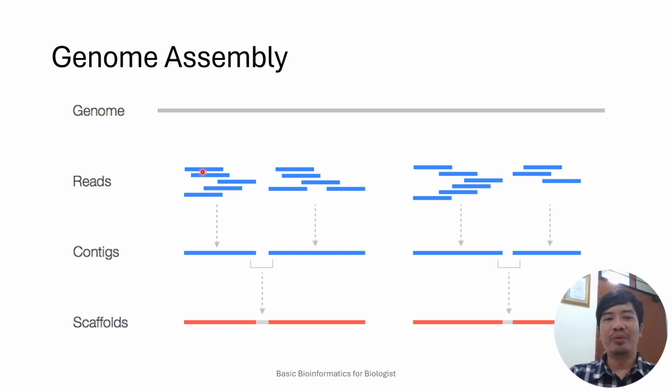So we will assemble the reads using software called Flye, F-L-Y-E. We cannot move to this because it needs another data and another experiment. So we will perform alignment using the Linux skills that you already have today.